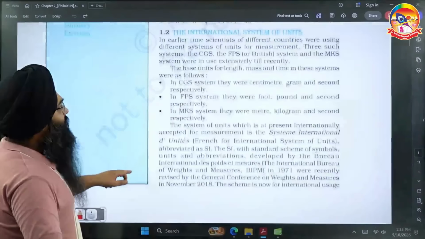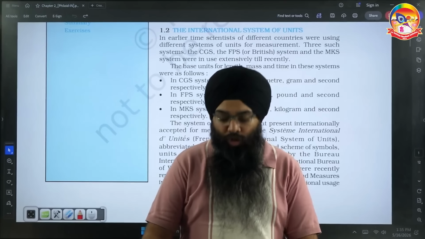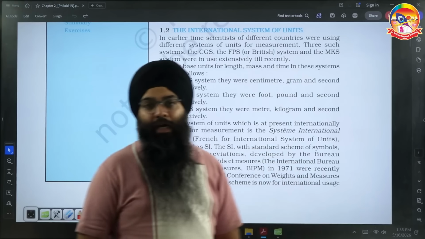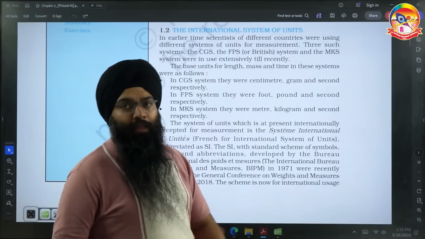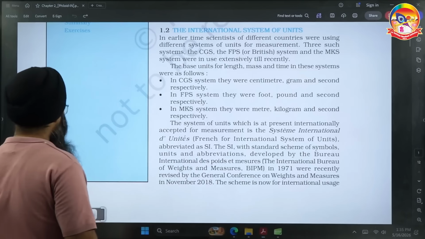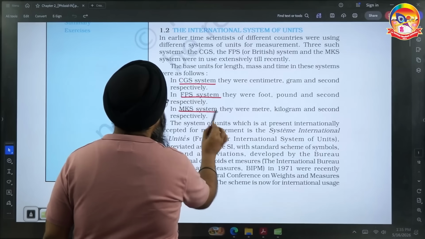A lot of systems of units were developed, of which the most commonly used is the International System of Units, which we can also call the SI system. There were other systems of units also, like the CGS system, the FPS system and the MKS system.